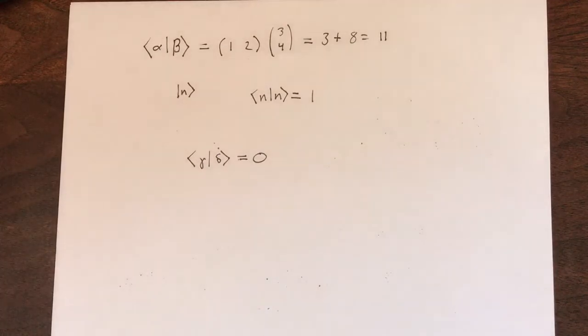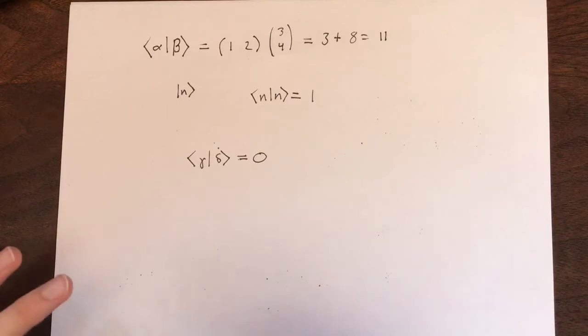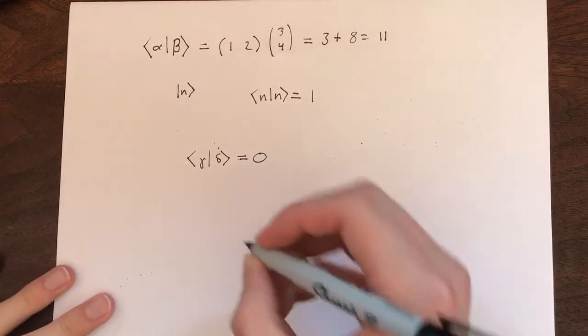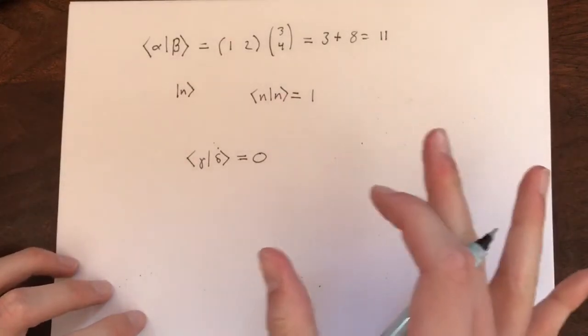Okay, finally we're going to talk about components. There are no x, y, and z axes in the Hilbert space. That wouldn't make any sense. Instead, the components are a little trickier. They change from problem to problem. But for now, we'll just show you what the most useful way to set them up is. So you start with an orthonormal basis. This is just a bunch of vectors that are all length 1 and perpendicular to each other.